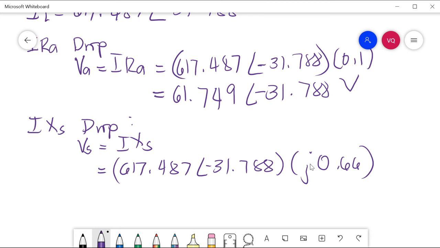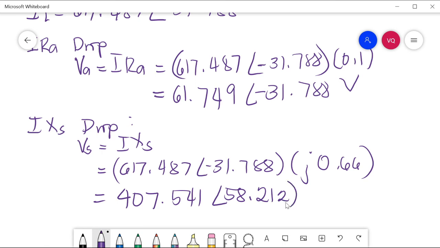Don't forget the J operator. So that is equal to 407.541 angle 58.212 volts.